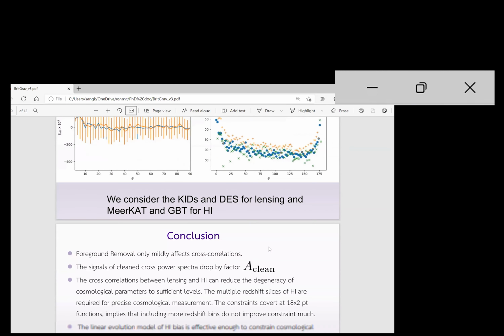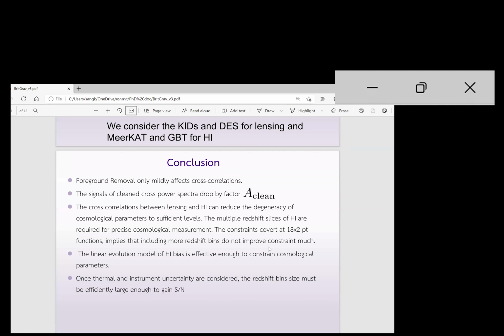Here are my conclusions. First, the foreground removal only merely affects the cross correlation of H1 and lensing by a constant factor. Second, the correlation between the two reduces the degeneracy of cosmological parameters to a sufficient level, but we need multiple redshifts.